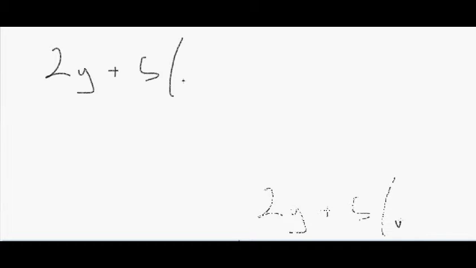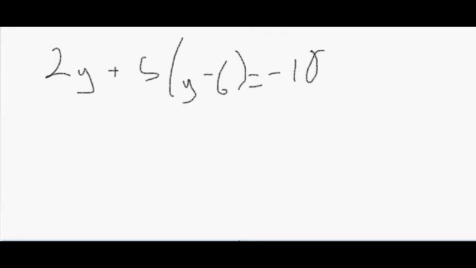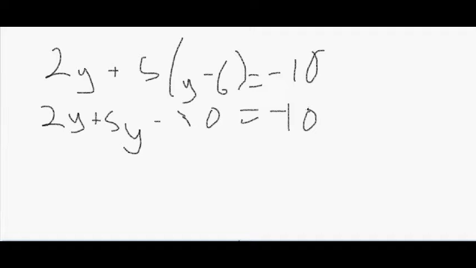Alright, next problem is, so let's say you have 2y plus 5 parentheses y minus, I don't know, 6 equals negative 10. Alright, that's a similar problem to number 34. All you had to do was distribute the parentheses. So 5 times y is plus 5y. 5 times negative 6 is negative 30. Right? And then equals negative 10.